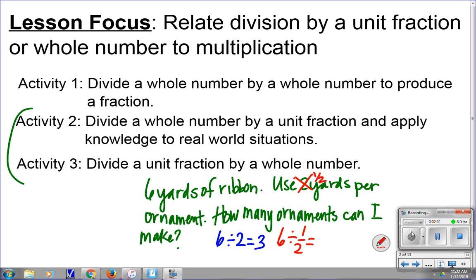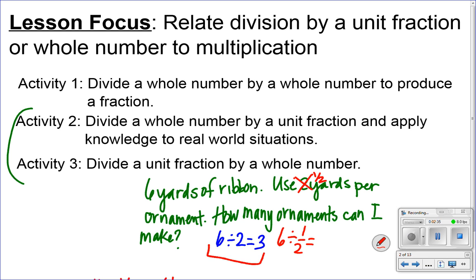Struggle means you're thinking. In the first question, we asked ourselves, how many 2s are in 6? And we said there were 3, right? So if I'm looking at this new equation of 6 divided by 1/2, how many halves fit into 6? Chew on that for a second.